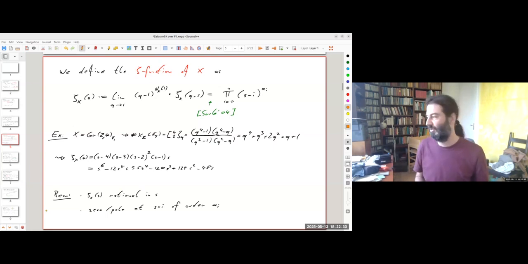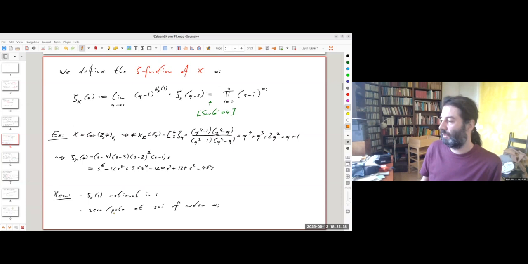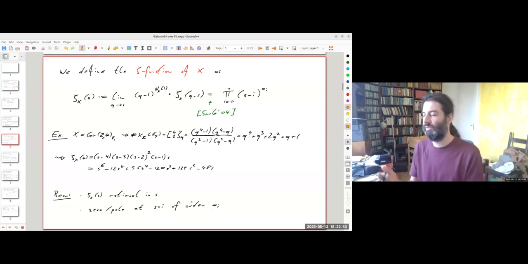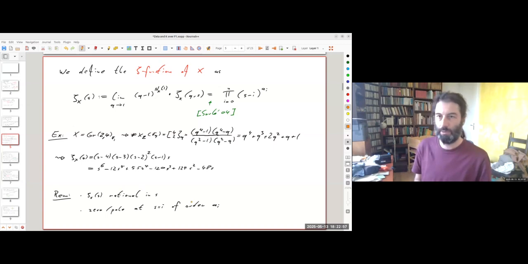So there's a difference here. And the other thing is that the zeros and poles of the zeta function are totally clear from this description. Zeros and poles occur at s equals i, and the order is a_i. So the question about the Riemann hypothesis here is trivial from this form.